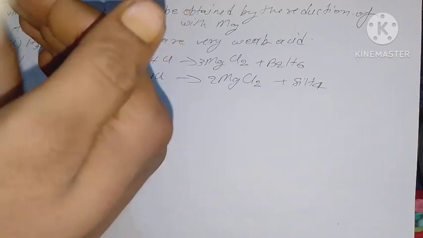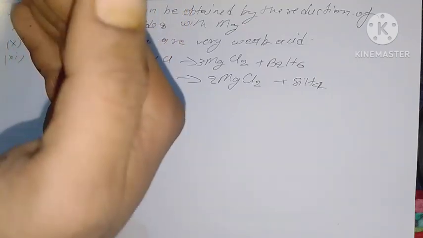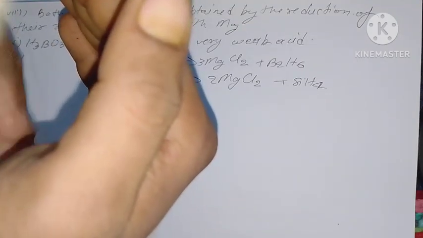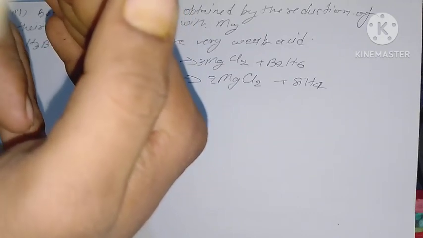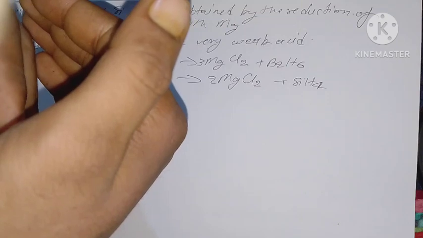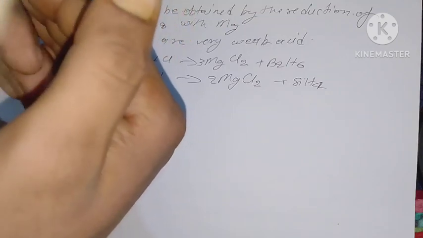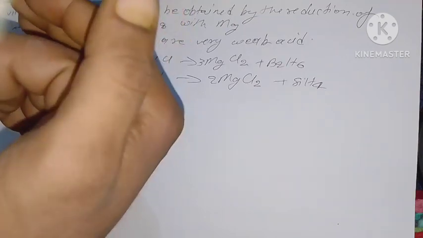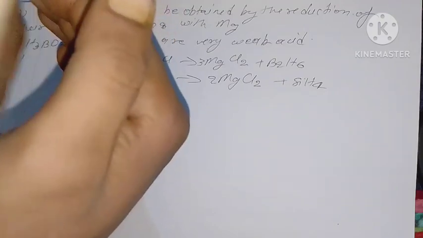Boron and silicon dissolve in alkalis to form borates and silicates and liberate hydrogen gas. 2B plus 6NaOH gives 2Na3BO3 plus 3H2. Silicon plus 2NaOH plus H2O gives Na2SiO3 plus 2H2.